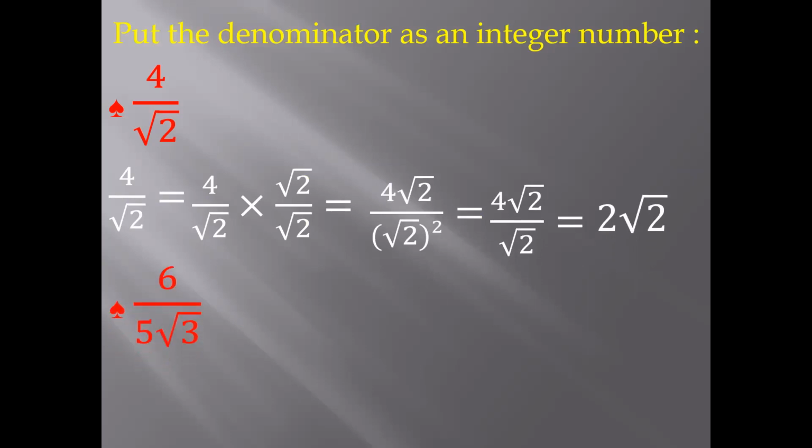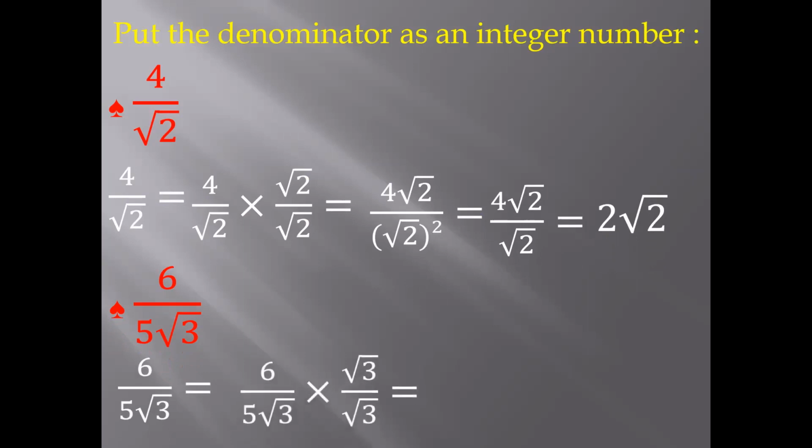6 over 5 root 3. I must multiply by root 3 up and down so I can cancel the roots and make it an integer. The answer will be what? 6 times root 3 equals 6 root 3, and the denominator 5 root 3 times root 3 will be 5 times 3. Why 3? Because root 3 times root 3 equals 3.